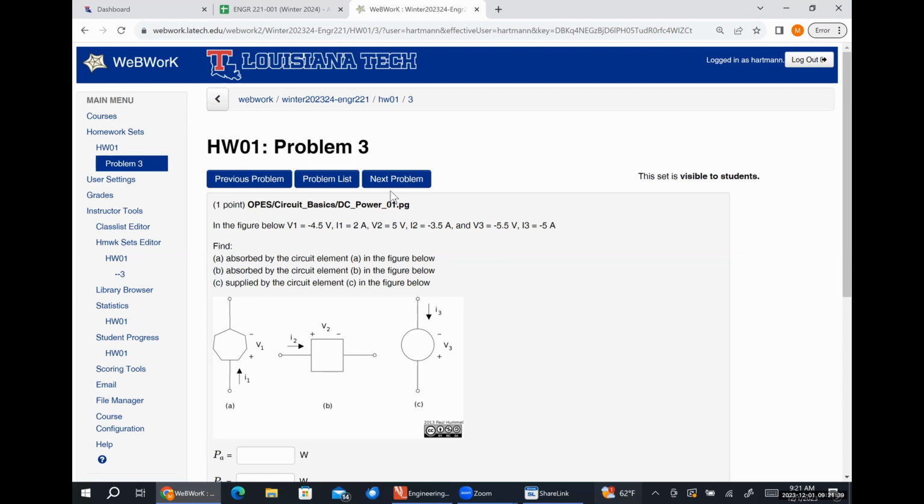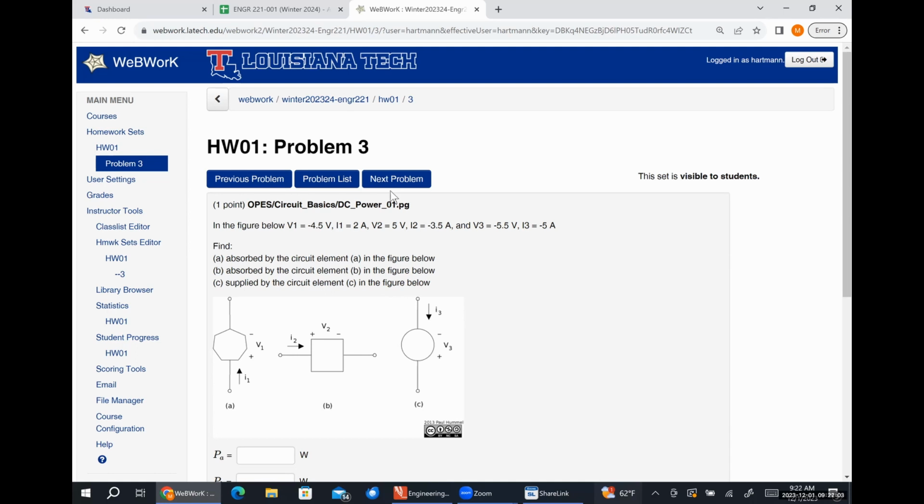It's flowing into the positive polarity terminal. Since I am trying to find absorbed power, would I need to introduce a negative sign or simply multiply whatever I'm told for V1 by whatever I'm told for I1? Just multiply it straight up, don't add a negative sign. Absolutely correct.